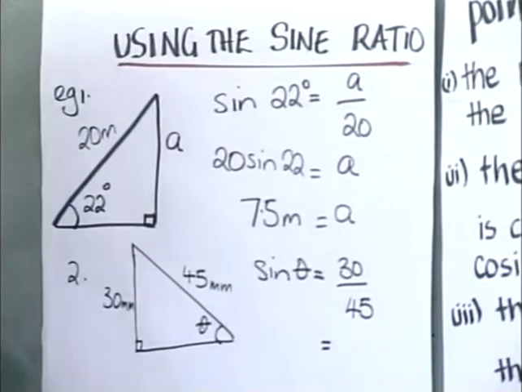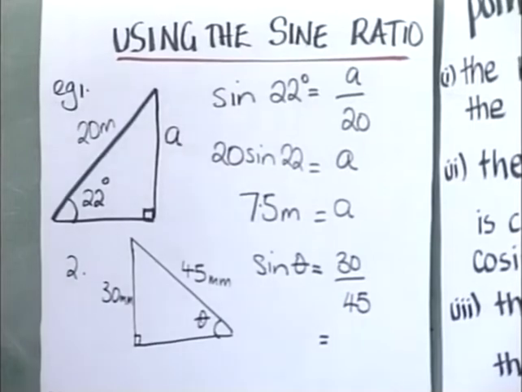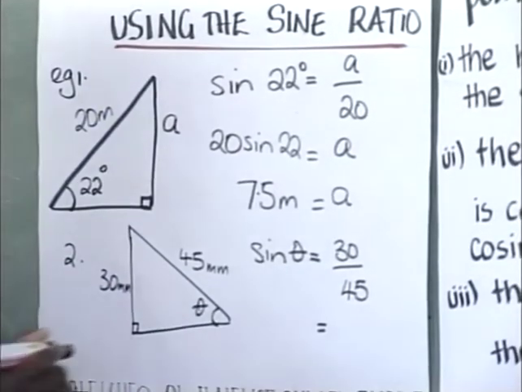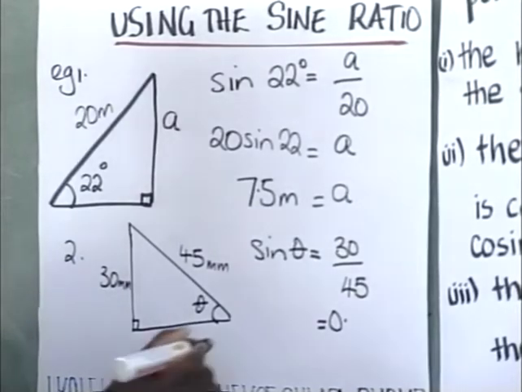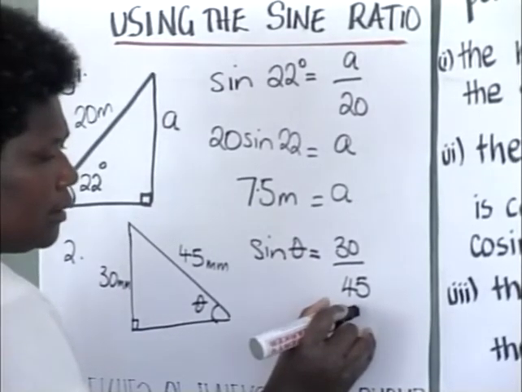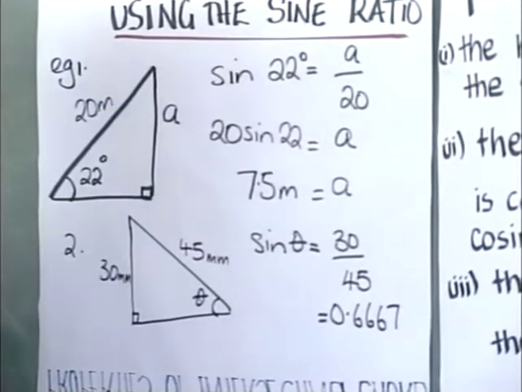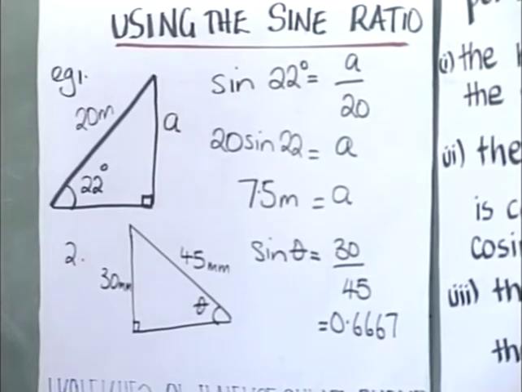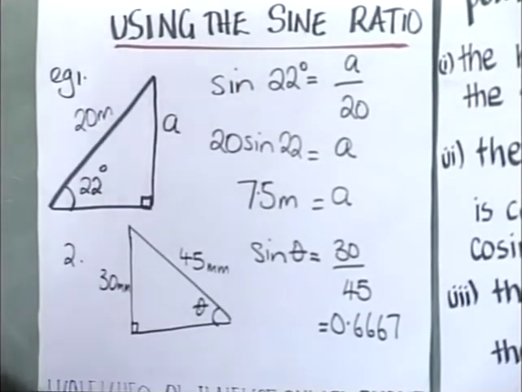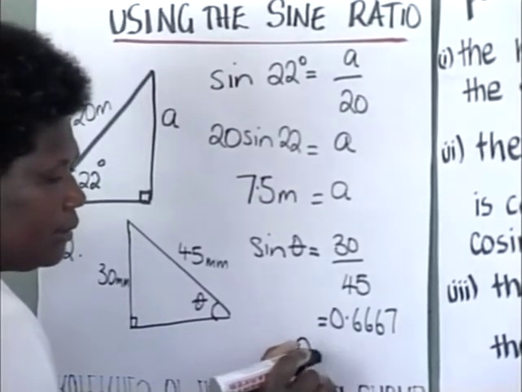You divide 30 over 45 and get it as a decimal, 0.6667. You can keep the number in your calculator. You don't have to change it to this. And then you find the angle.